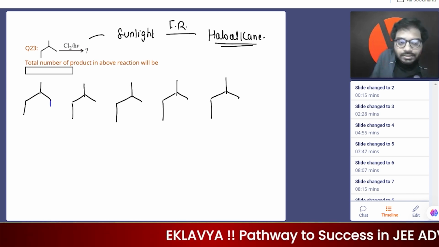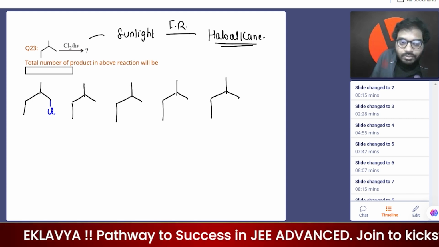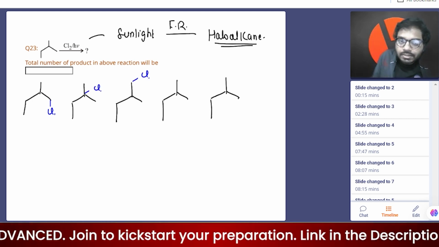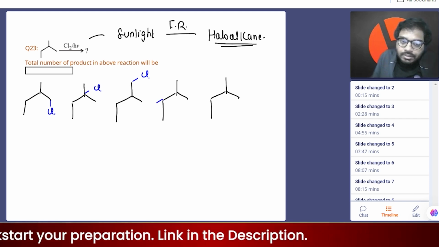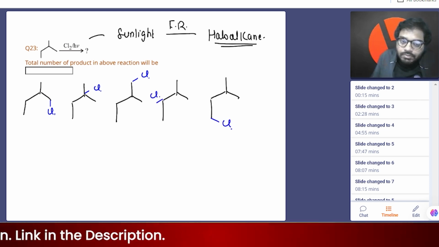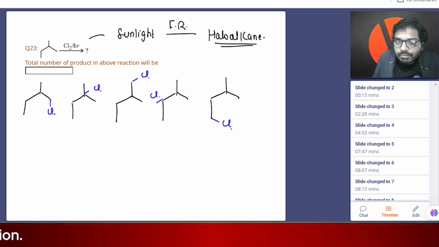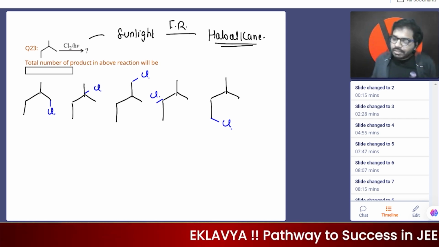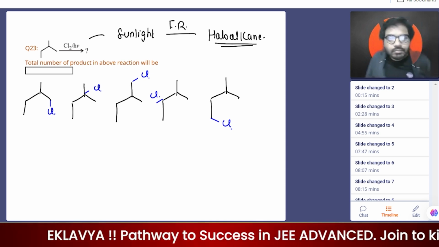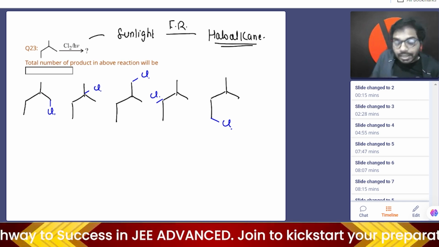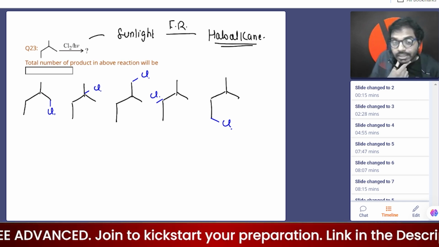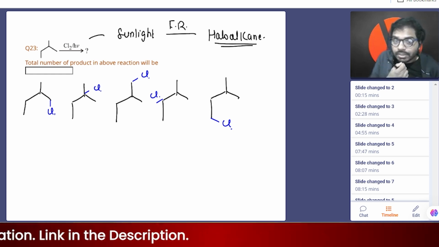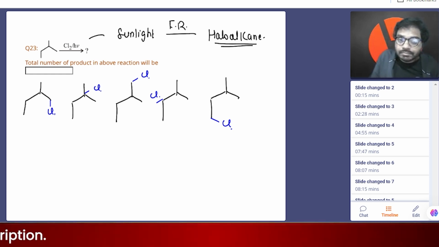Suppose I add chlorine here, this is first; then I add chlorine here, this will be second; then here, this will be third; then here, fourth; and here, fifth. So a total of 5 products are possible, but we will check that one by one. At this carbon, the second thing we will check is whether they are identical or the same. We can also check the IUPAC naming to see whether they are identical or the same.